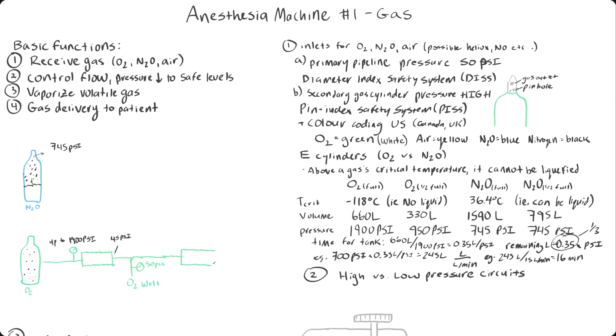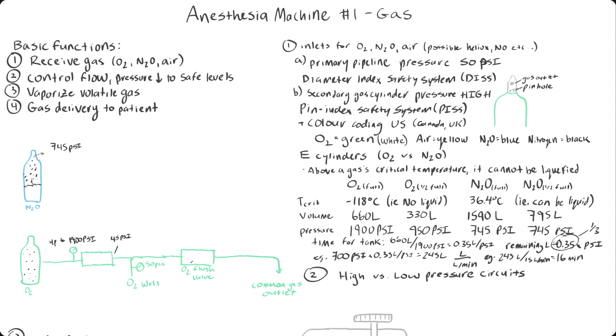And let's draw the O2 flush valve here. From this, we'll have our gas going into our common gas outlet, which will be taken to our circle system and off to the patient.